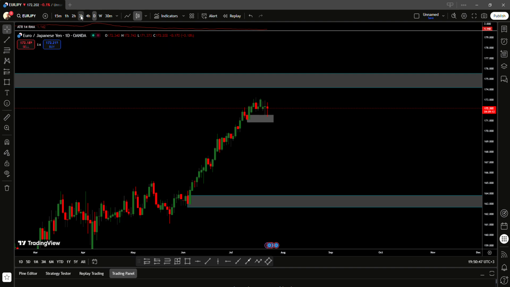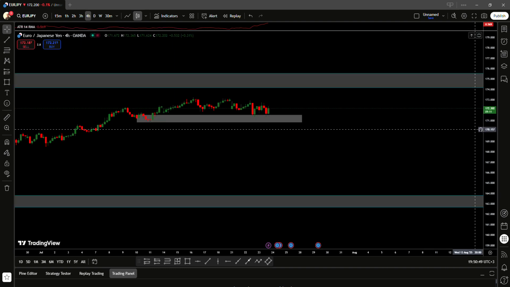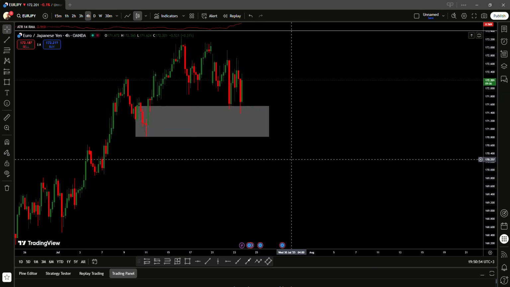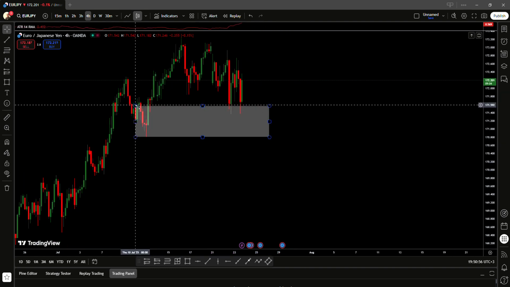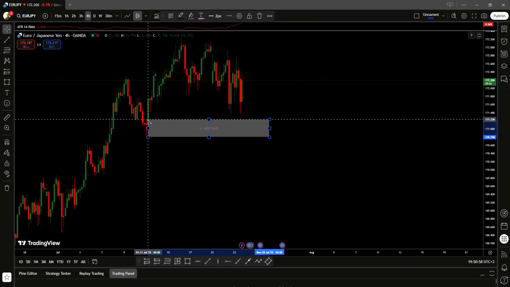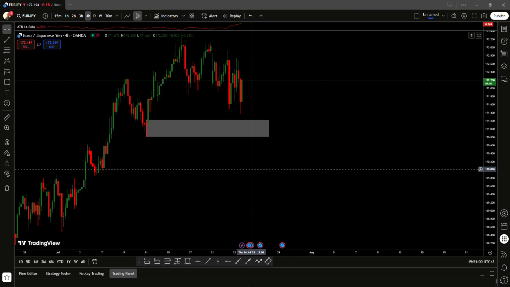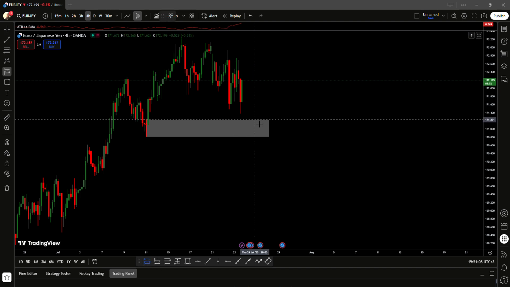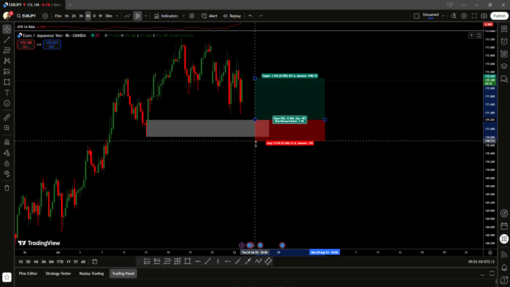However, we do not enter on the daily. So on the 4 hour, the right zone was here. Can price still come to the zone? Yes, it can still come to that zone. However, since the daily has been tested, maybe price can continue going up.